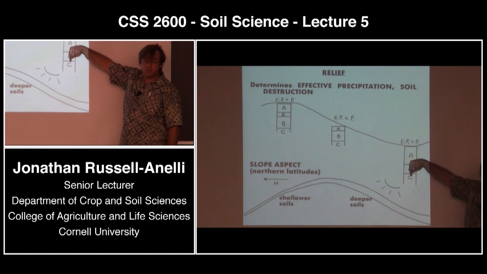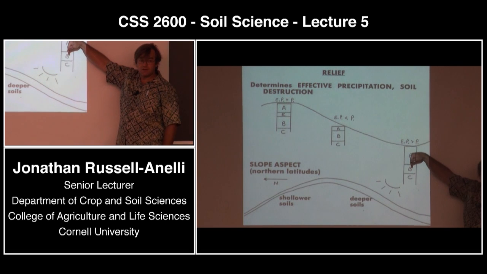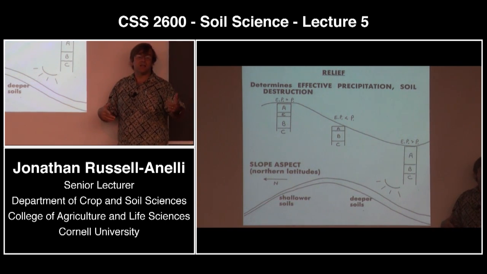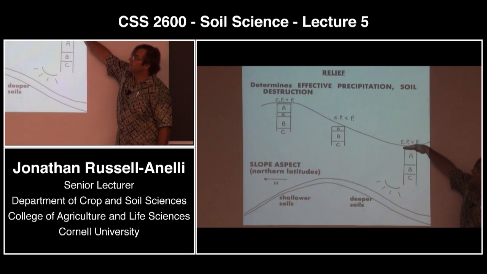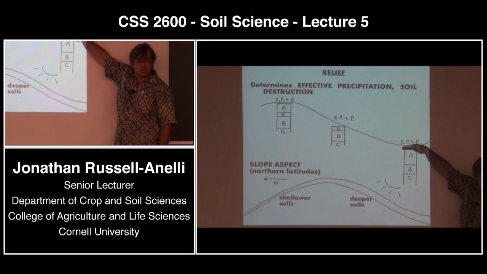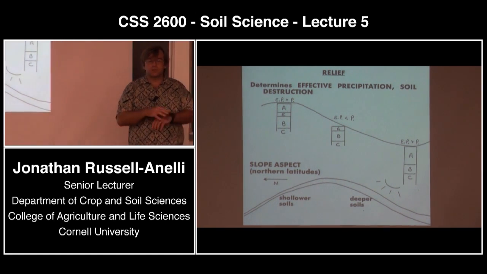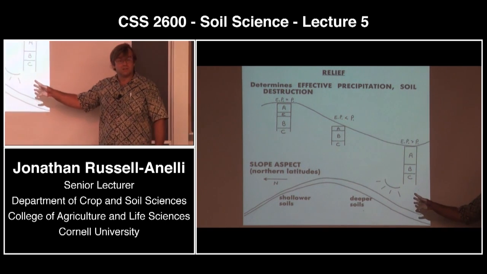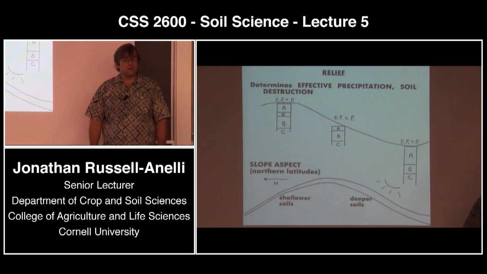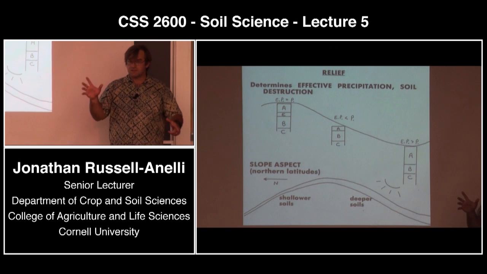I'm definitely getting infiltration in here. It's standing water. It's not getting leached. Why is it not getting leached? I got standing water here. The system isn't going through. It's perched there. Does that make sense to everybody? That's just the relief controlling another factor, in this case, water. Does that make sense?